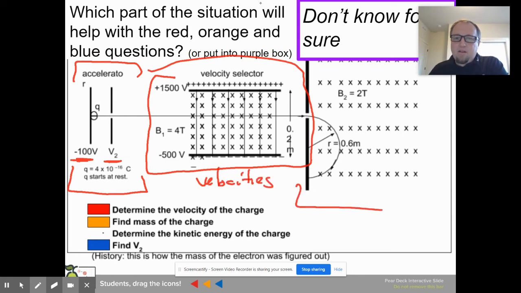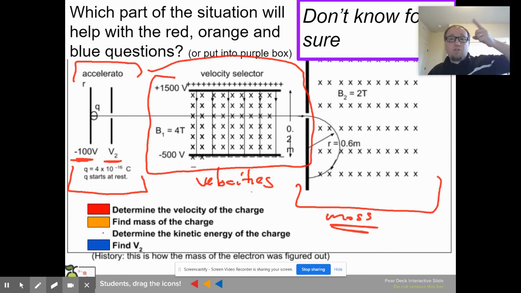And then when I get over here, if I have information about the charge, this is really going to help me with the mass piece. So if you have gases or materials and you don't know what it is, you can put it into this machine, run it, speed it up, see how it curves. And then from there, you can start to draw conclusions of, oh, it's this atom that I saw. So we did that in class.